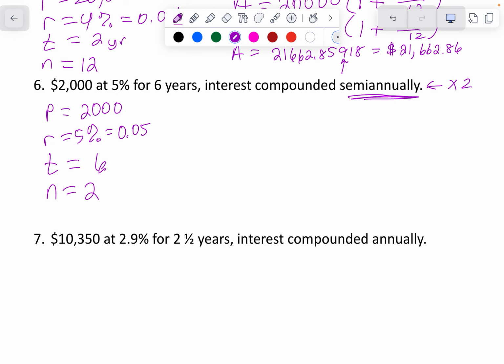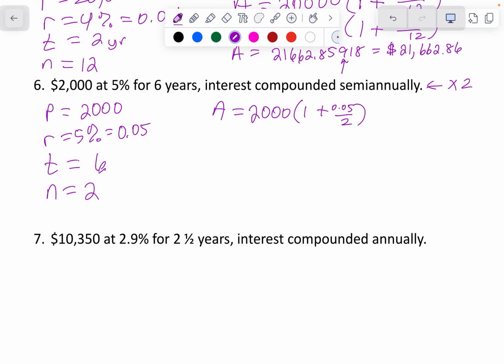So now that you have the P, the r, the t, and the n, that's what you need for this formula. We're ready to plop that right into the formula. You put your P first, then your parentheses. So we're going to get 1 plus 0.05 divided by 2.